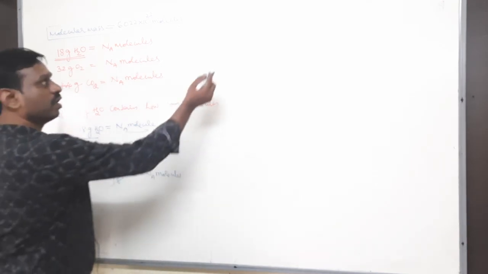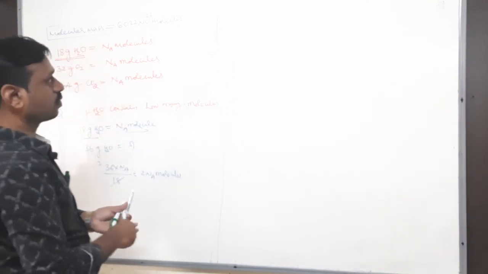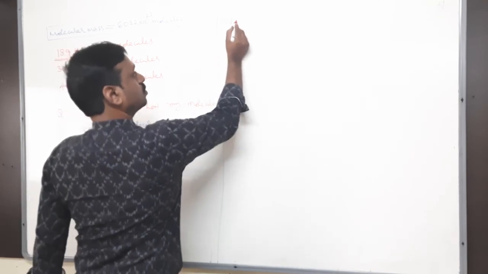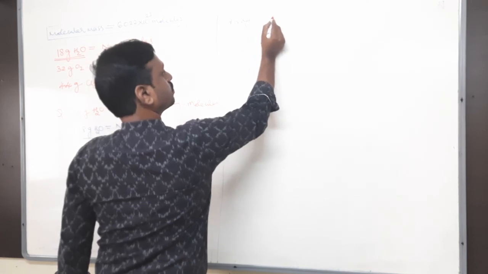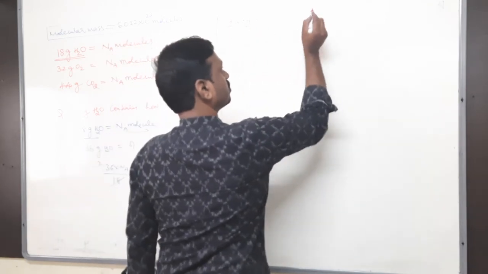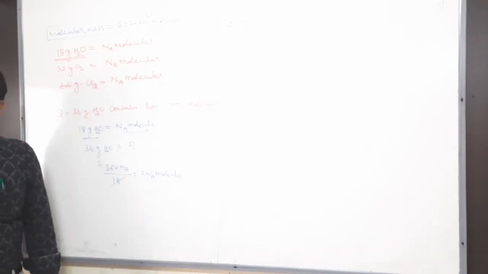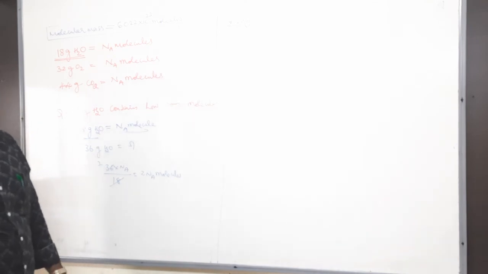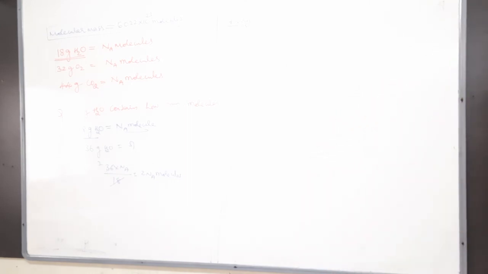Now let's see what is Avogadro number. Avogadro number is the number of particles, it may be atoms, ions, or molecules, or you can take atoms, present in 12 grams of carbon-12 isotope.